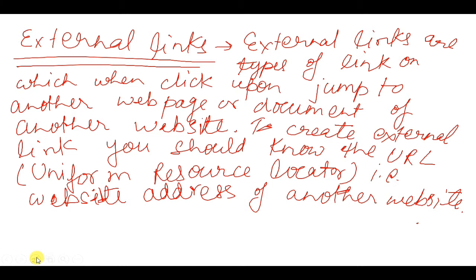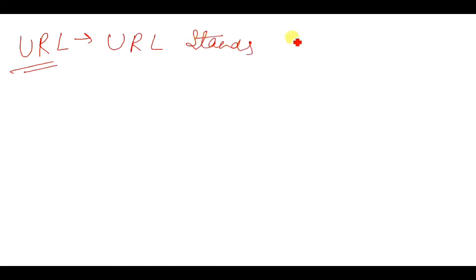External links are a type of link on which, when we click, we jump to another web page or document of another website. To create an external link, you should know the URL. Now student, let's see what is URL. URL stands for Uniform Resource Locator.